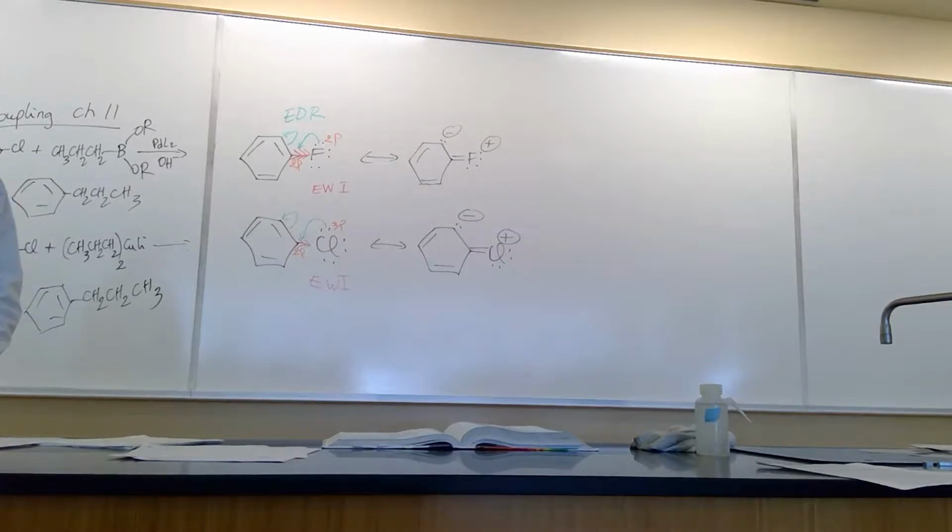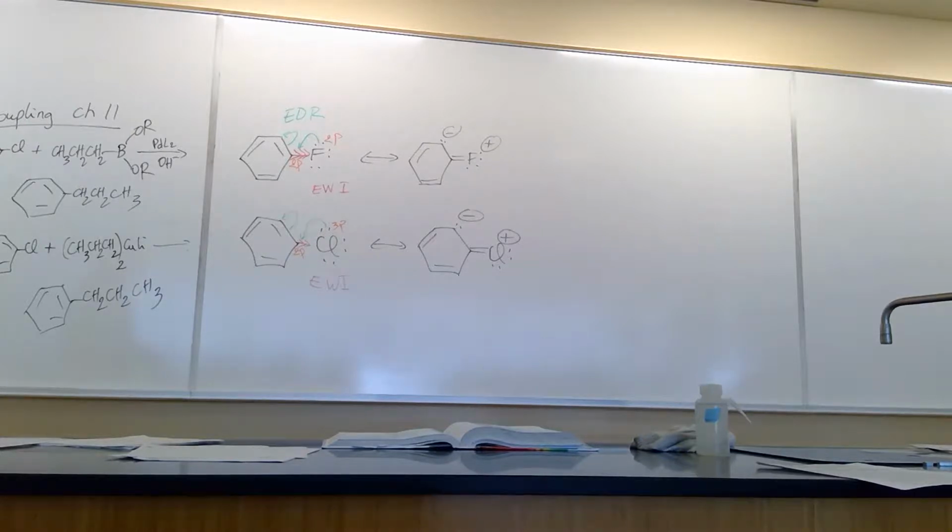It will happen, but it's not a very good deal. They have to hop from one orbital to another of similar sizes. So what does it tell us? It tells us, yes, it's definitely electron withdrawing, electron donating by resonance, but it's not a real good resonance.